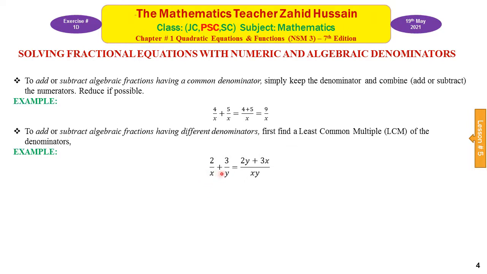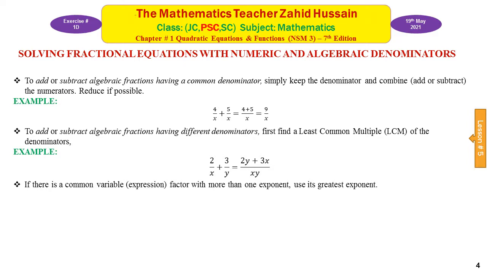So the product of all the factors in the denominator will be the LCM. Divide this LCM by the denominator of the first fraction, we will get y. Y will be multiplied with this numerator. Similarly, dividing xy, the LCM, by the denominator of the second fraction, we will get x, and x will be multiplied with this. Now in this case, these two terms are unlike terms, so we cannot add or subtract.